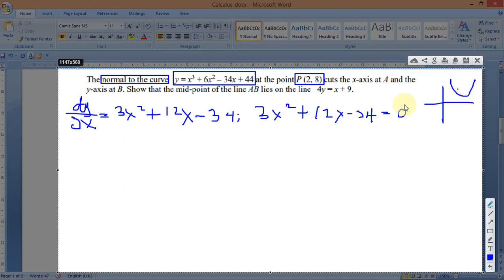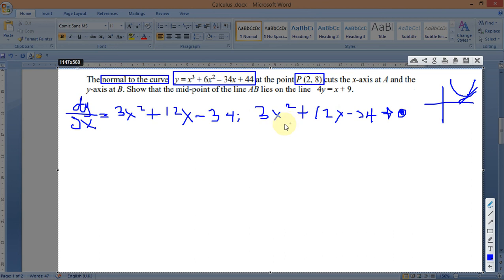So let's say this is the graph of 3x squared plus 12x, and I want to find this gradient. Let me use a line. So this is the line at point x equals 2, meaning that you should substitute 2 here. That's what I taught you guys before now. When you vary it at different points, you have different gradients. So at point 2, that's what we're going to do now. It's not necessarily equal to 0, because we're given the point, so we don't need to equate it to 0.